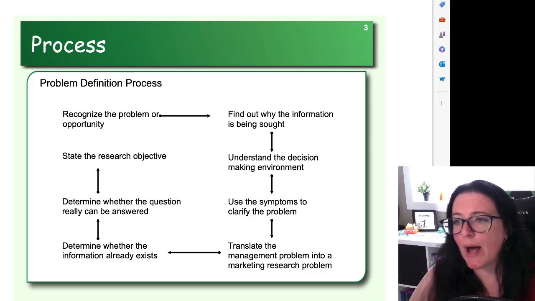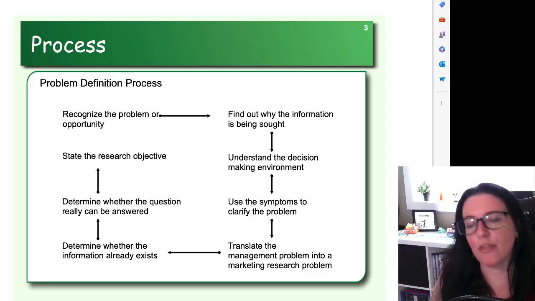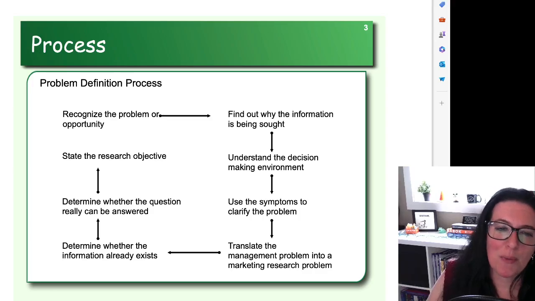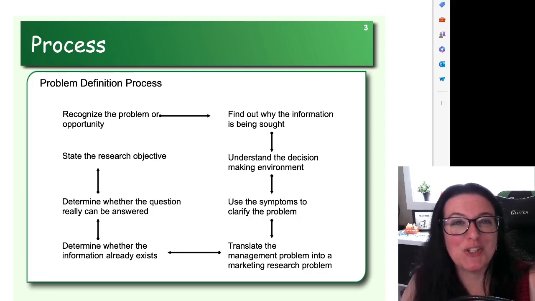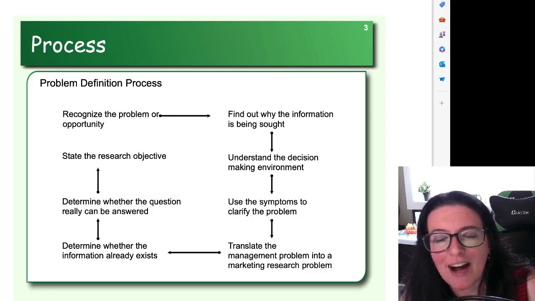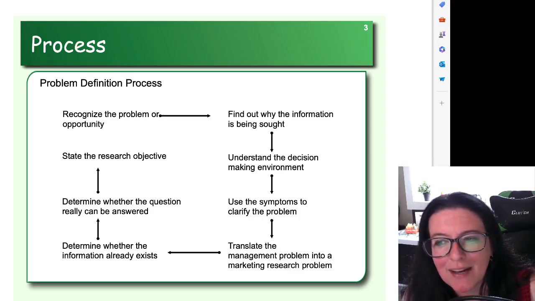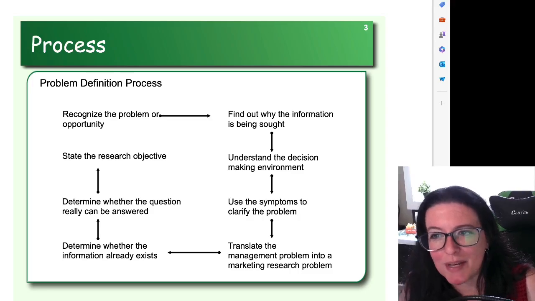So we're trying to help them if we're the one internally, or you're the one that's been hired by a third party, or you are the third party, so you've been hired by an organization to do some research. Then your job is to help understand and clarify exactly what the research issue is, what the problem we're trying to solve is, and what data we can collect to actually help inform the decisions.